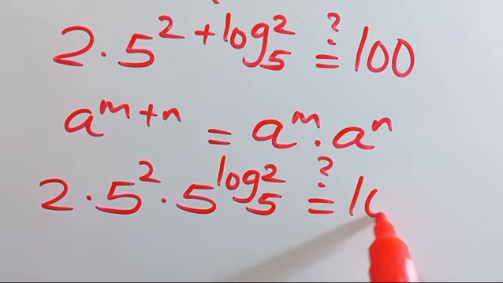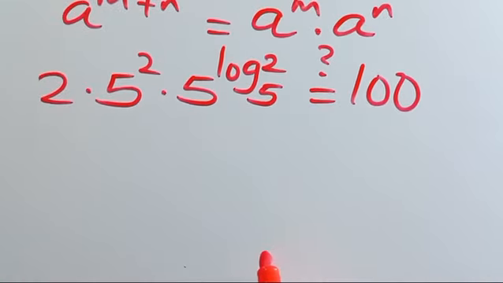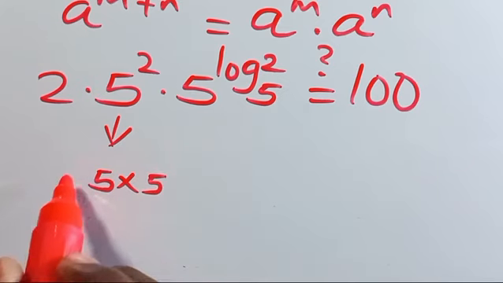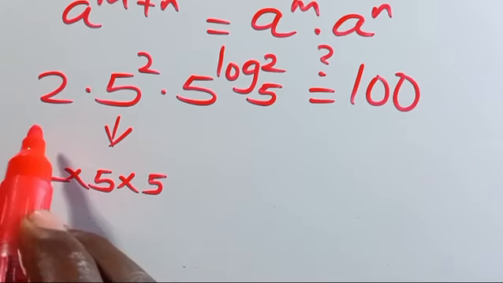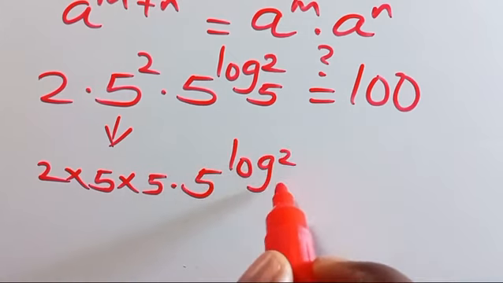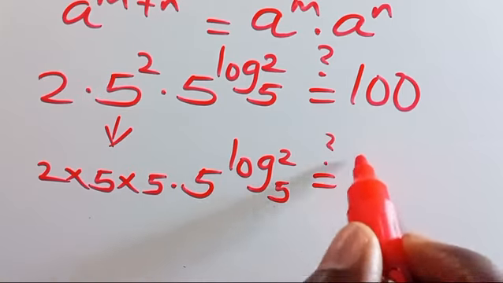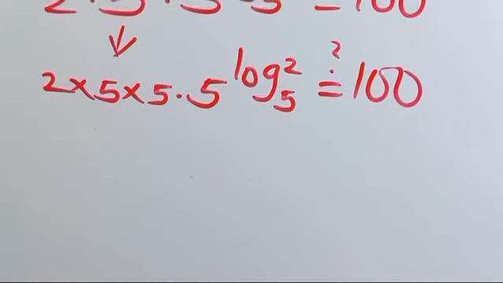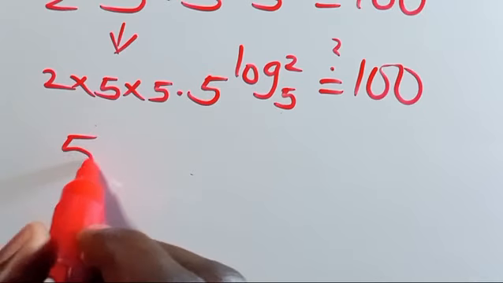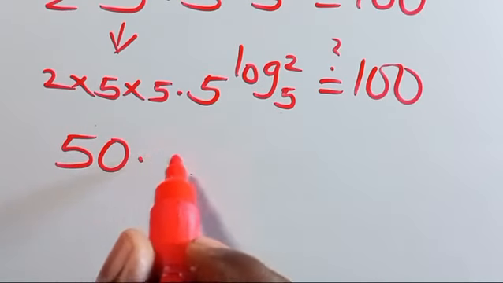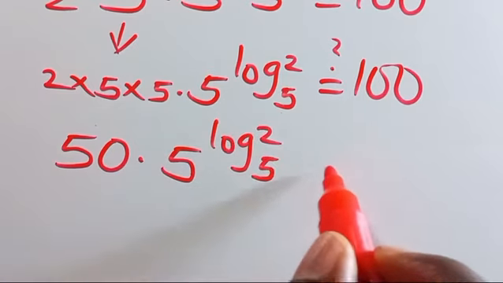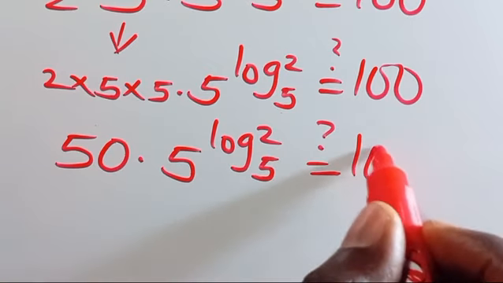Then are we going to have it equal 100? 5 to the power of 2 simply means 5 times 5 times 2. 5 times 5 is 25 times 2 is 50, multiplied by 5 to the power of log 2 in base 5.